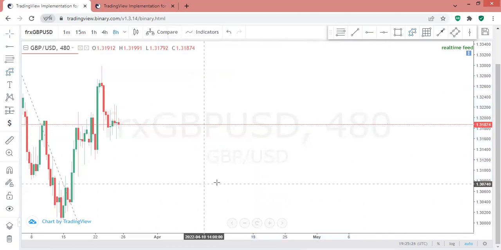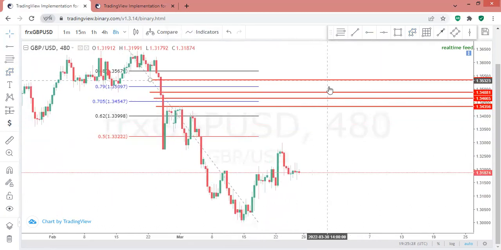So despite the fact that price is coming into my premium zone, if price gets here, then I will switch to a lower time frame. This is on 8 hours. I will look for a break of structure on 15 minutes.